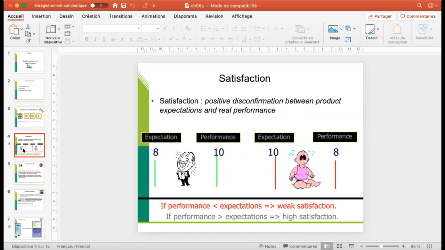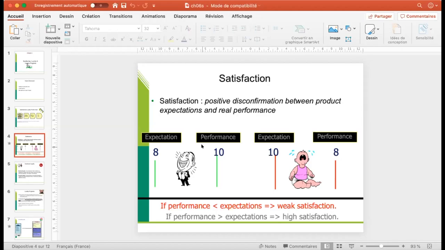So satisfaction is actually a positive disconfirmation between product expectations and real performance. If on a scale between 1 and 10 you have an expectation of 8, and when you consume the product or the service, you perceive it as 10, then you have a positive disconfirmation between what you expect and what you really perceive.